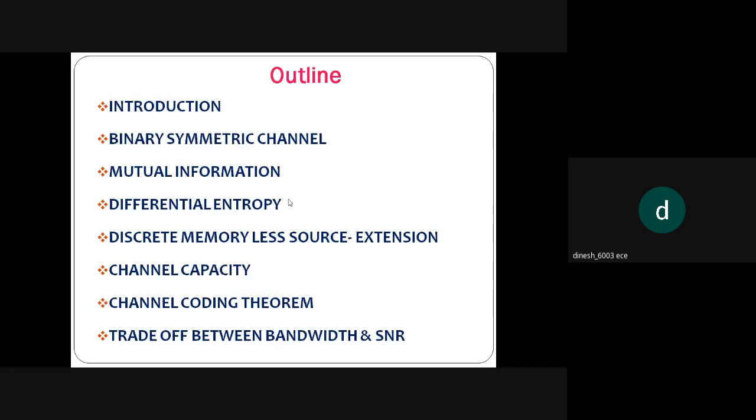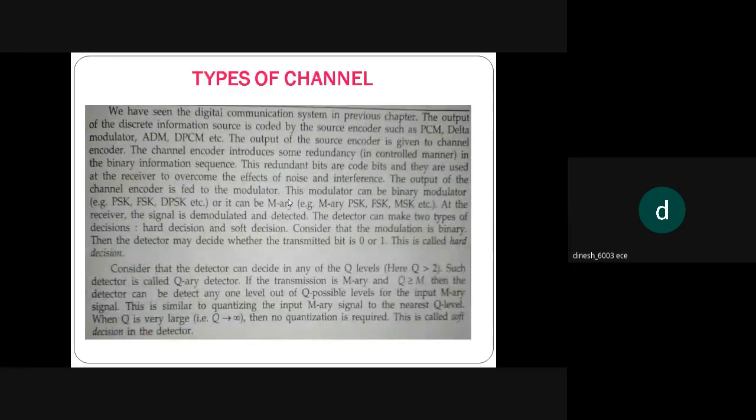So to start with the introduction, in your previous subject called digital communication, you would have studied different types of source encoders like pulse code modulation, delta modulation, adaptive delta modulation, and differential pulse code modulation schemes, where these systems had a channel encoder, whose input was given by the source encoder.